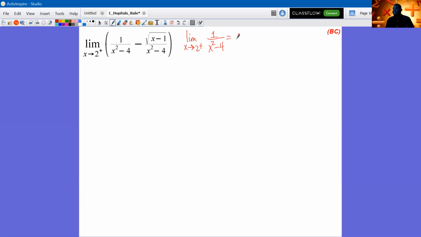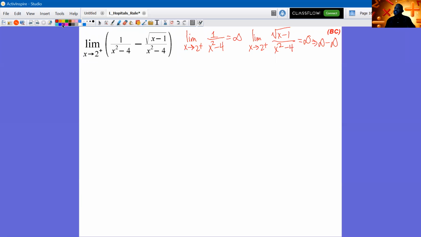So that's going to be infinity. And our second fraction, we take the limit. That's going to be infinity as well. So that implies the indeterminate form infinity minus infinity.